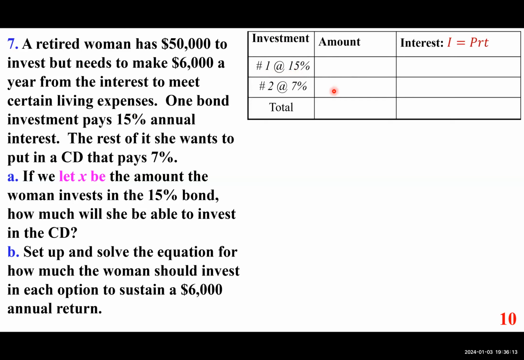We put the amount here. We put the interest here. And so we said some at 15%, some at 7%. So if we let X be the amount at 15% because they said so, that means we got to put the X here. So when we put the X here, we know that we need $6,000 and we know the total is 50,000. So this is the total goes here. This is the total amount of interest that we need.